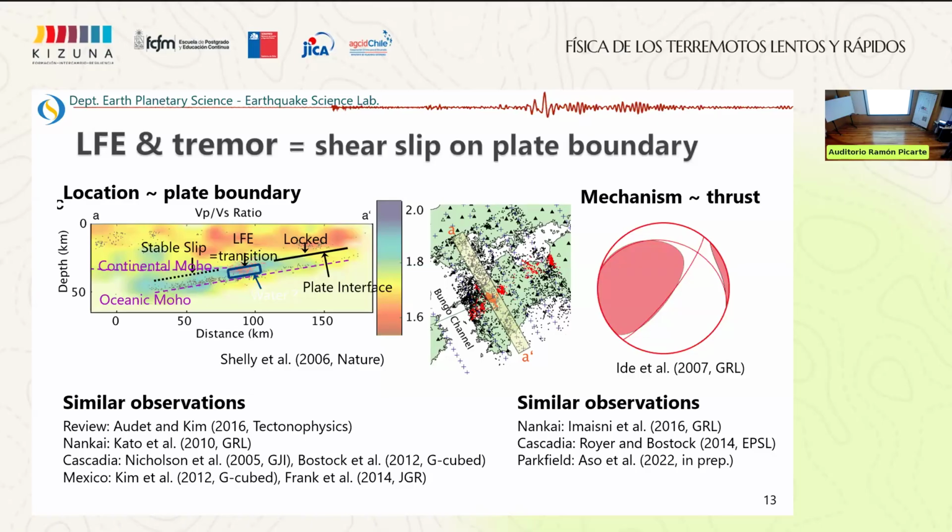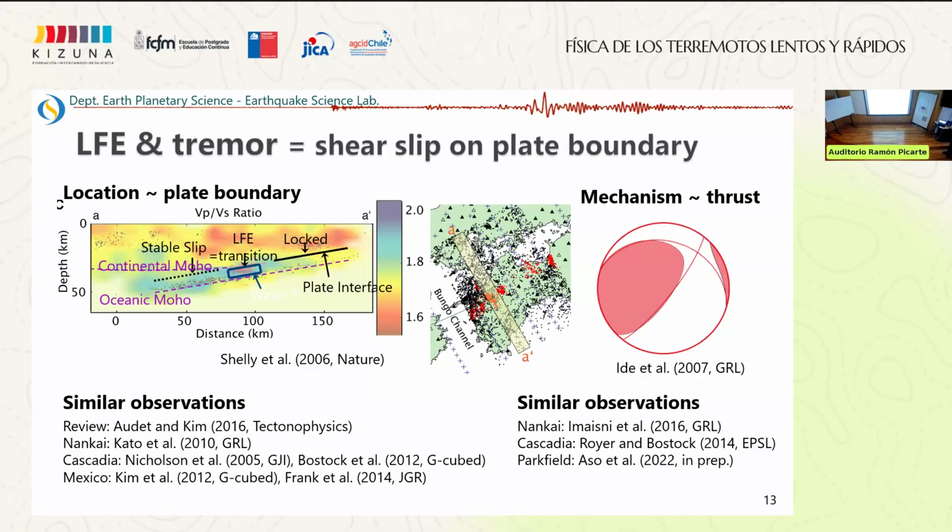We know those earthquakes are in the subducting slab, the subducting plate. So this is inside the plate, not the plate interface. So the plate interface must be shallower, around here.